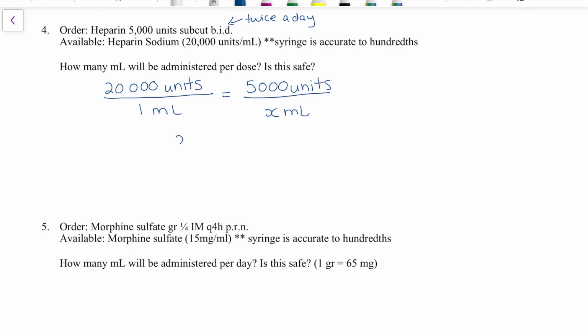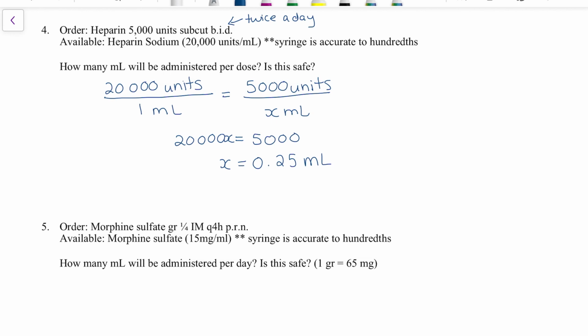How many milliliters is this? So we're going to cross multiply. So that should be 20,000x equals 5,000, and then we're going to divide, and I get x equals 0.25 milliliters.